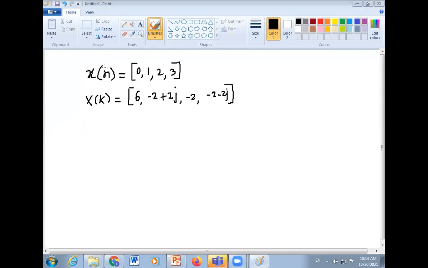Okay, so now we will solve this same thing with the formula method. What is the formula of DFT? Using the formula method we will solve it.